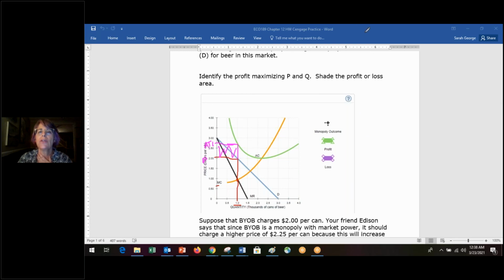All right, just to review real quick. When you draw a monopolist's cost curves, you have a downward sloping demand curve. You have a marginal revenue curve that's also downward sloping, and it kind of bisects the difference underneath the demand curve. You have your classic Nike swoosh marginal cost curve.